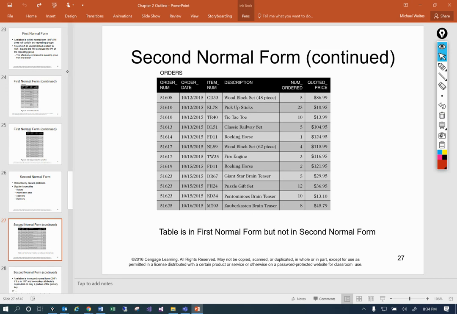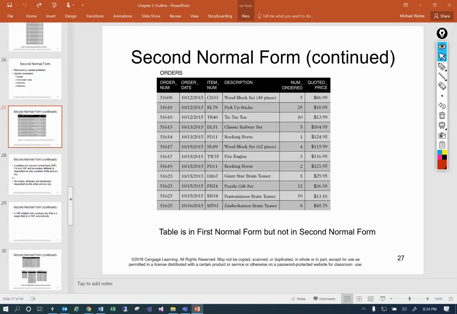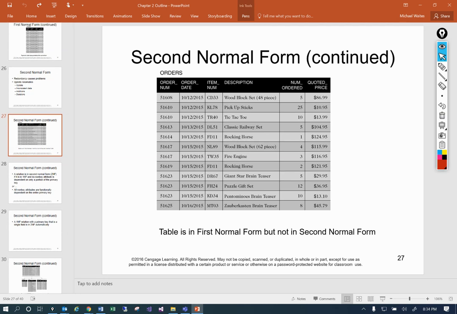Well, here is our table. Let's see what we have here. We've got two order numbers here. While we do have these line items broken out, we definitely can see that there's some repeating data.